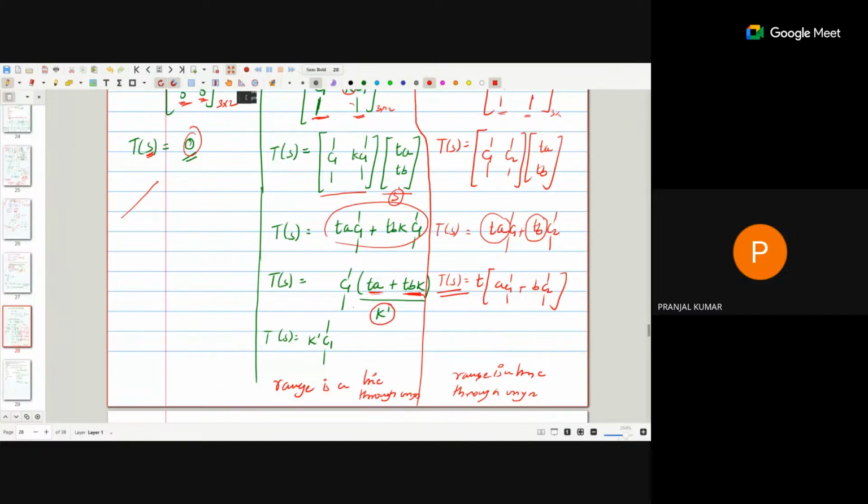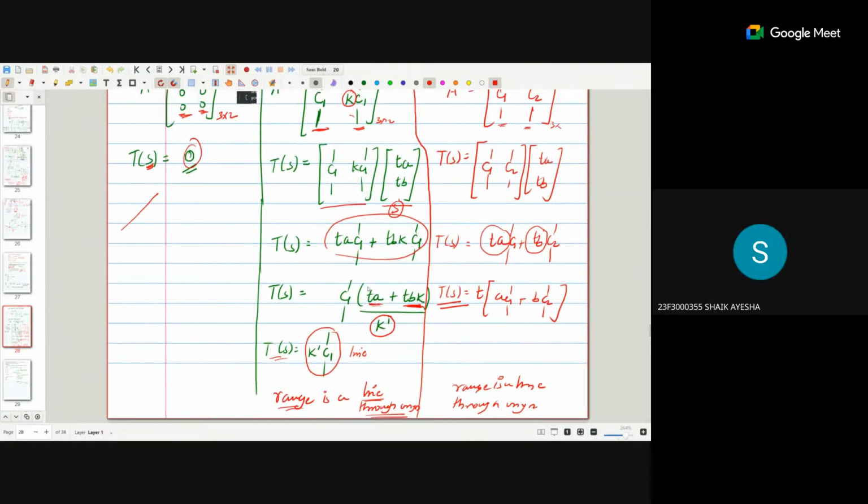Now tell me, is the T of S image set a scalar multiple of a column? So isn't it a line? So isn't the range a line passing through origin? Yes or no? Yes.